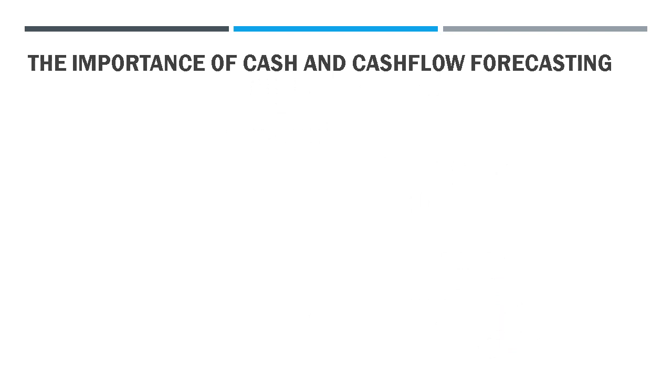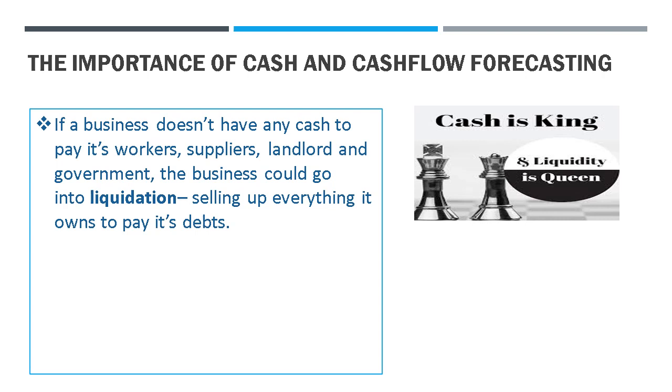The importance of cash and cash flow forecasting. So, cash inflow is the lifeblood of the business, and comes from sources like payments from customers, receipt of a loan, monetary infusions from an investor, or interest on savings or investments.